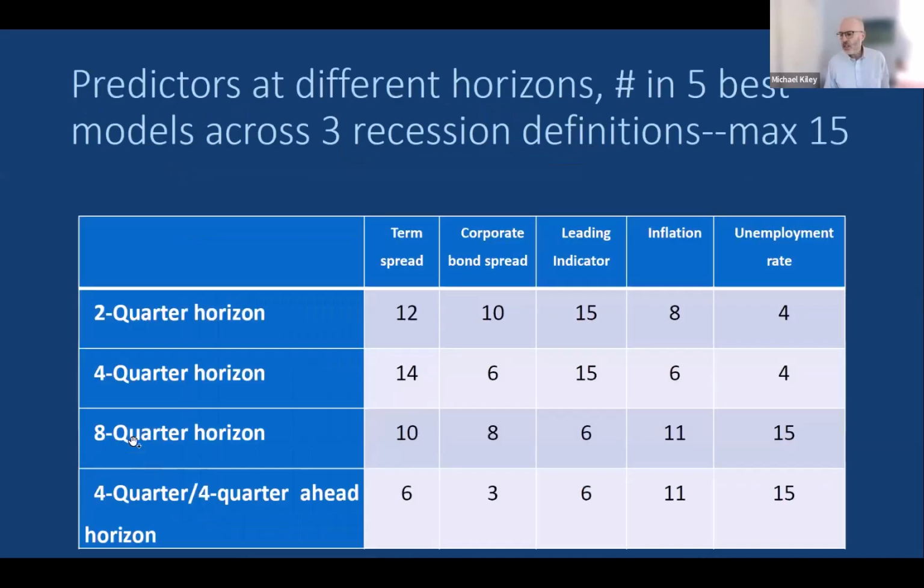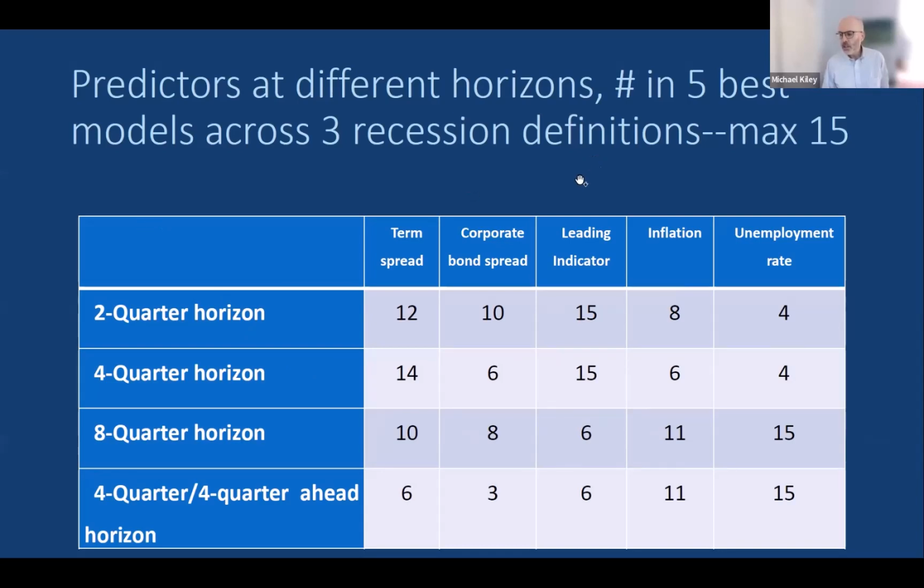So one can look more fully at all the possible recession predictors, all of the horizons that I considered, and think about, okay, what do the data say about the indicators that help predict recessions at these various horizons? So this table summarizes the value of different predictors at different horizons across the 3 recession definitions.